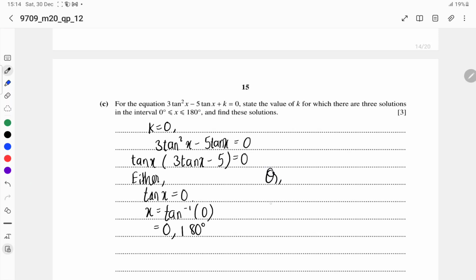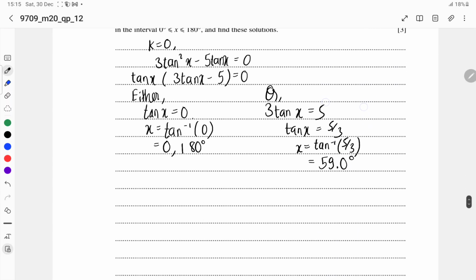Or, the second equation, 3 tan x equals 5, tan x equals 5 over 3, x equals tan inverse 5 over 3, right? So this roughly equals 59.04 degrees. We can write 59.0 degrees because we need to write it in 3 significant figures.